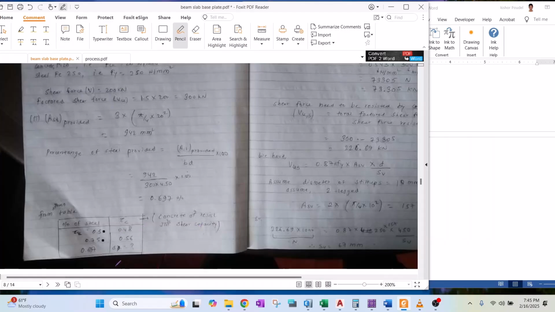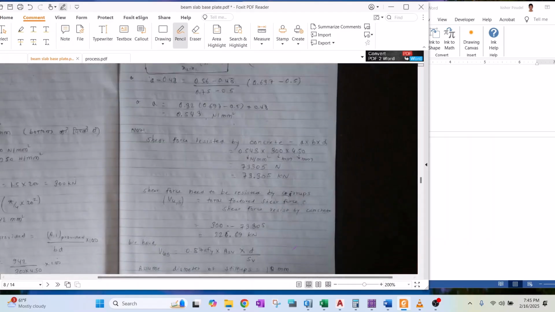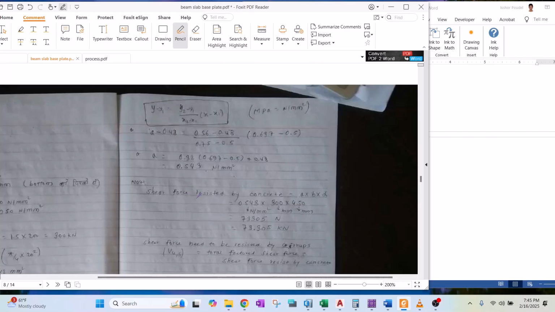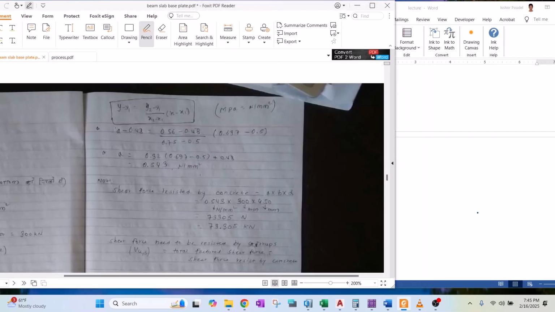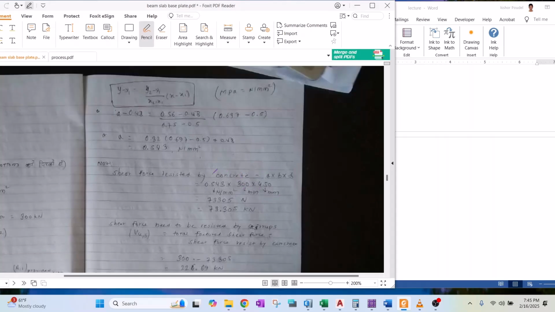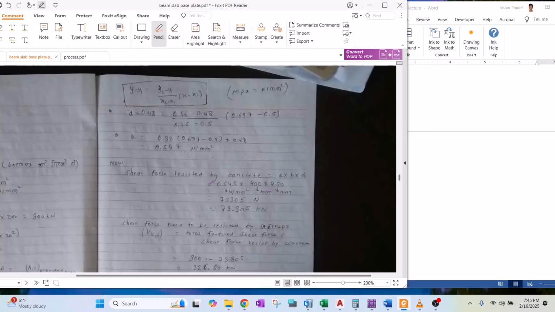You will get the permissible shear stress for concrete, that is 0.543 Newton per mm square. Okay, so as you have the width and depth of the beam, you can calculate the shear force resisted by the concrete, that is 73.305 kilonewton.